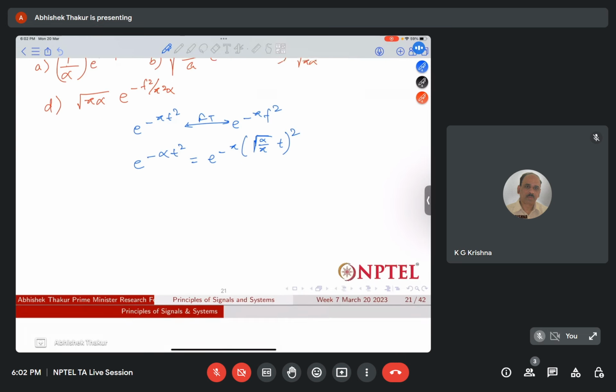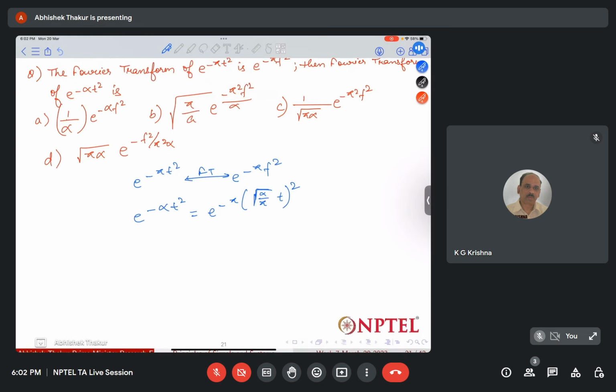Now we'll see the properties we have studied till now. If the Fourier transform of x(t) is given as X(omega), and we know that the Fourier transform of x(at) is given as 1 by mod a, X of omega by a.